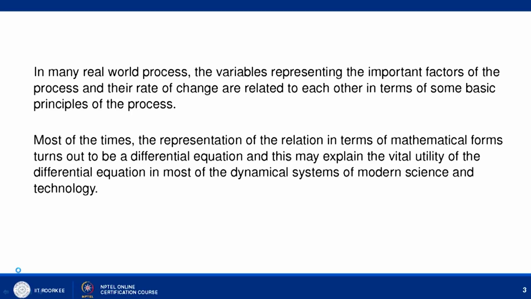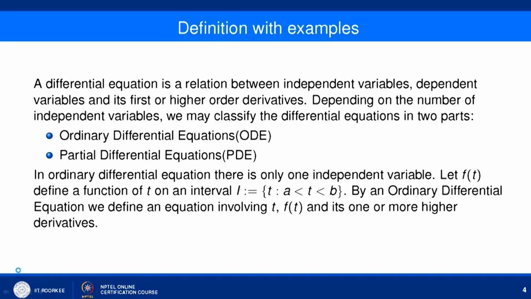In this way we can explain the vital utility of differential equations in most of the dynamical systems of modern science and technology. So let us start with the proper definition along with some examples.